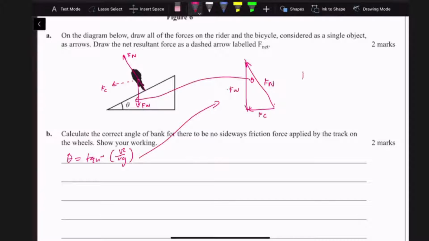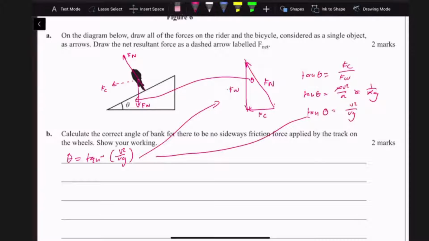Tan theta is going to be opposite over adjacent, so tan theta is mv squared on r divided by mg, and then you get tan theta equals v squared on rg, which is what we used here. So if you ever forget what the formula is, you can always make it anytime.